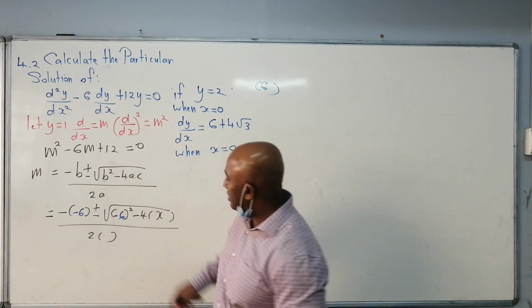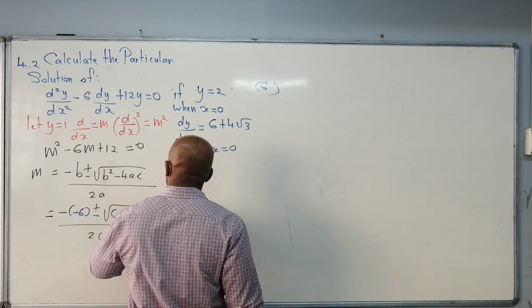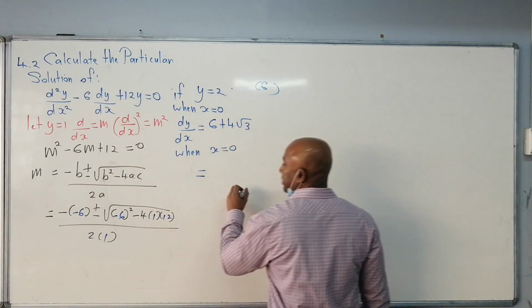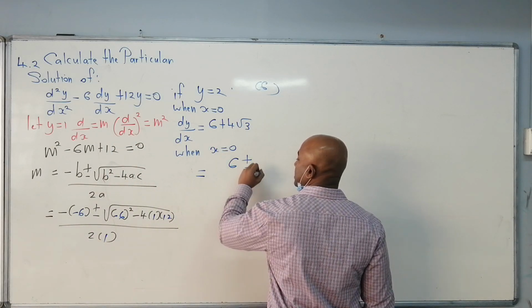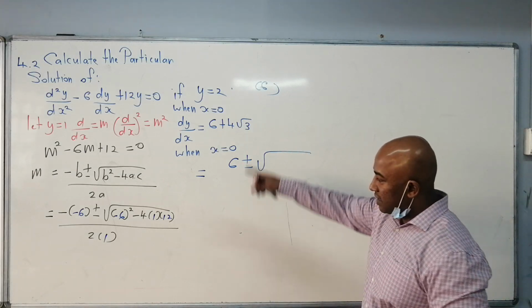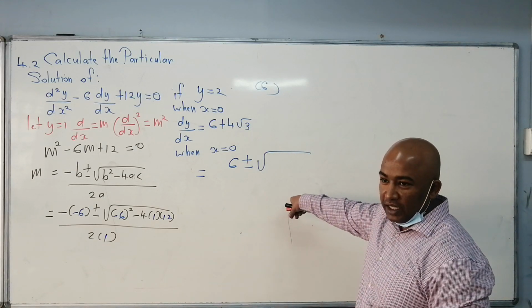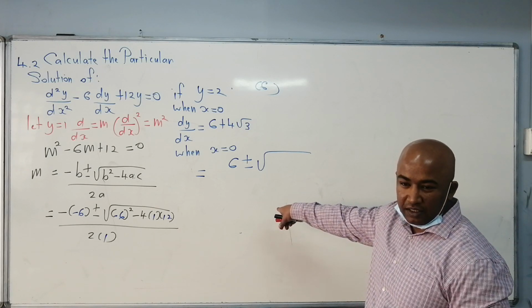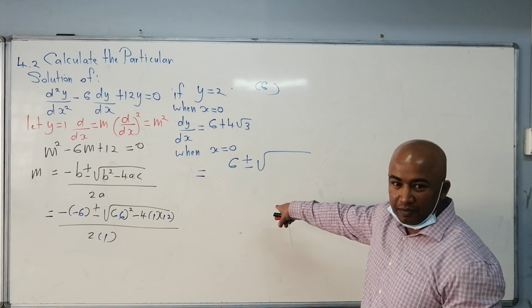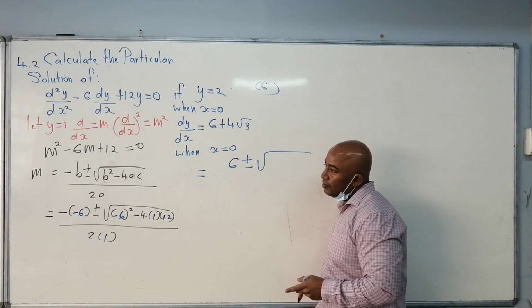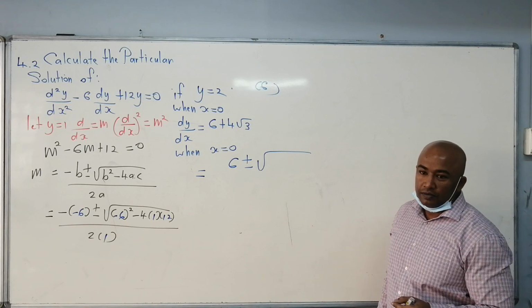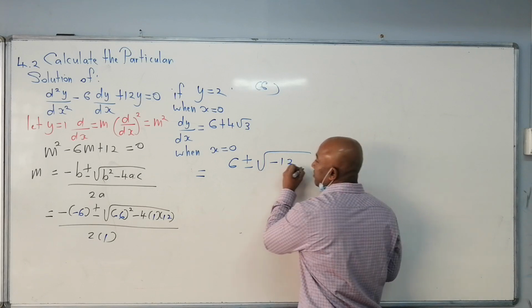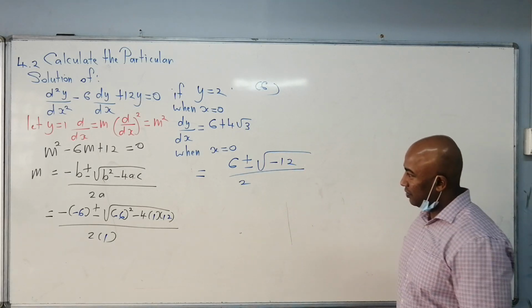A is 1. C is 12. A is 1 again. So that becomes 6 plus or minus the square root of 36 minus 48 there, which is minus 12, sorry, minus 12, all divided by 2.